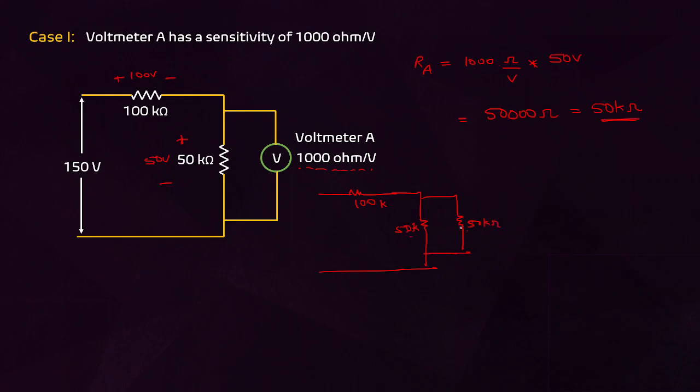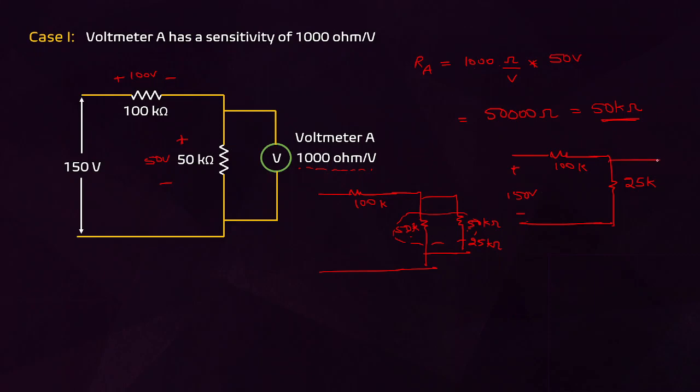So if we simplify this, 50 in parallel with 50, we will be getting 25 kilo ohm, right? So let me simplify that. 100, 25, okay, and input is 150 volt.